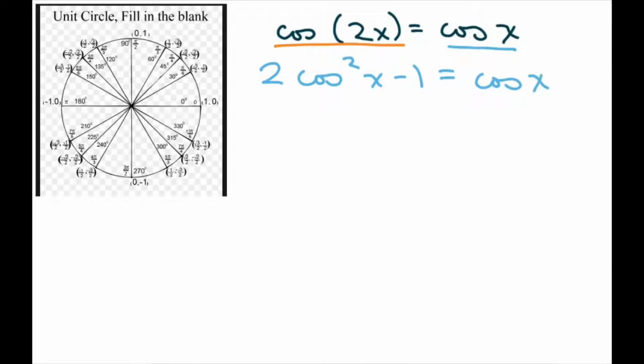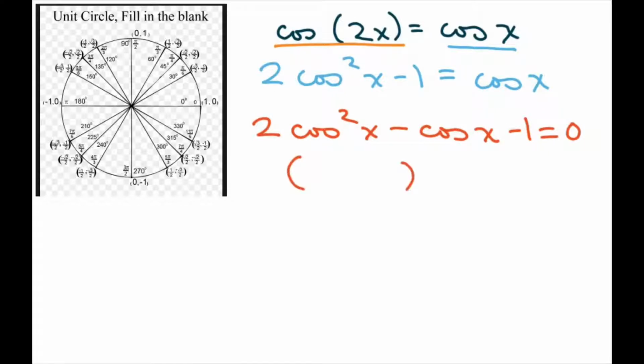Now we want to make a trinomial, so we're going to move that cosine of x over to the left-hand side and then factor. When you factor this, you're going to get 2 cosine x, and the two numbers have to be 1. One's positive, one's negative.